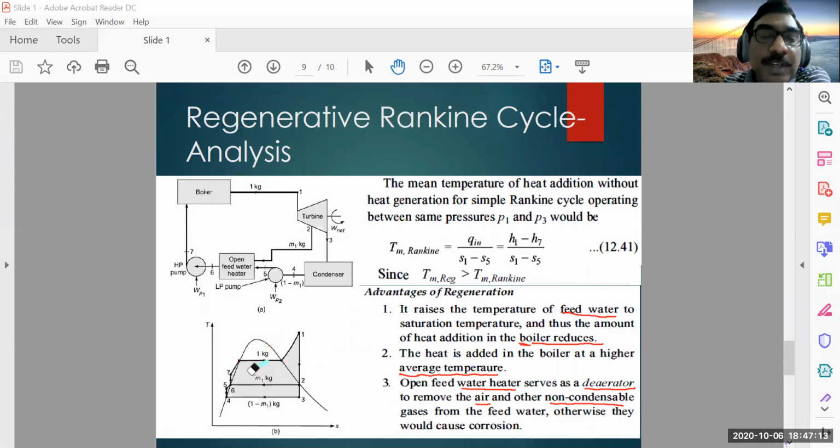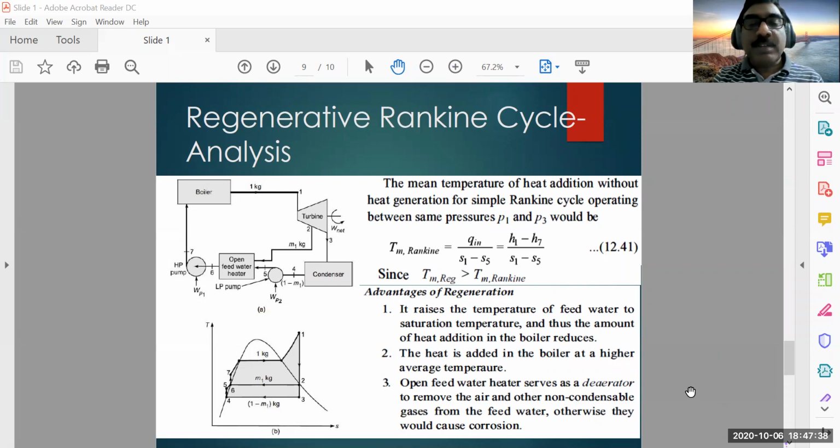So this is about the regenerative Rankine cycle. Then we'll see one problem on this. It's a very simple one. For any problem, you remember only one thing: you have to first understand the state of each and every point, and then get the enthalpy values correctly.